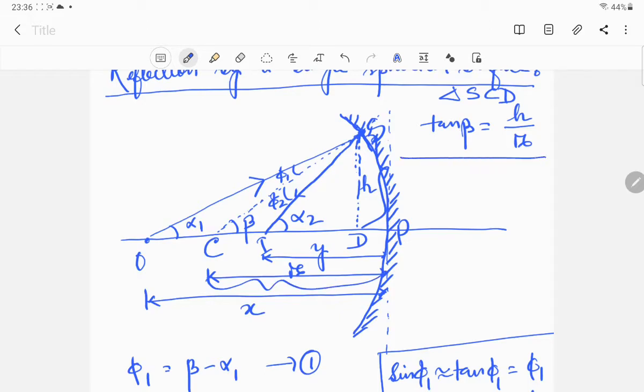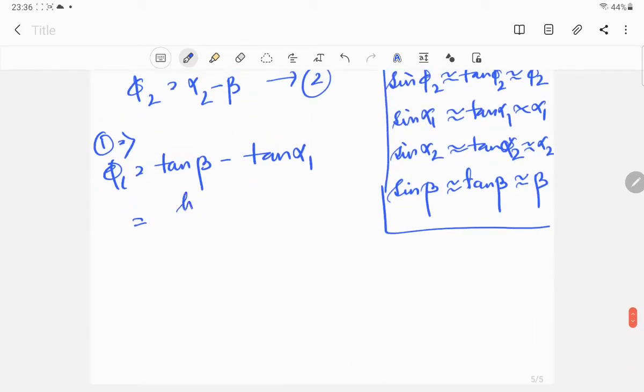Similarly, if I consider the triangle, tan alpha 1 will be equal to again h by x, and tan alpha 2 will be equal to h by y. So we will be writing like this: this is h by r minus h by x.